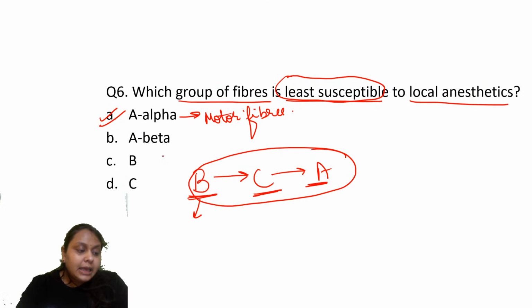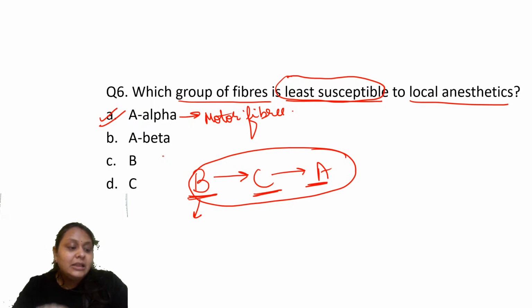For sure, the A alpha fibers which carry the motor fibers are the ones which are least susceptible to local anesthetic. Yes, it is a very controversial question, but you see, the A alpha fibers carry the motor fibers, and therefore in spinal anesthesia, every time we give it, to see the effect we ask the patient to lift their legs and show us.